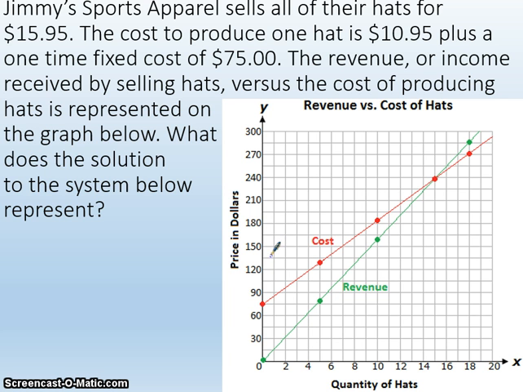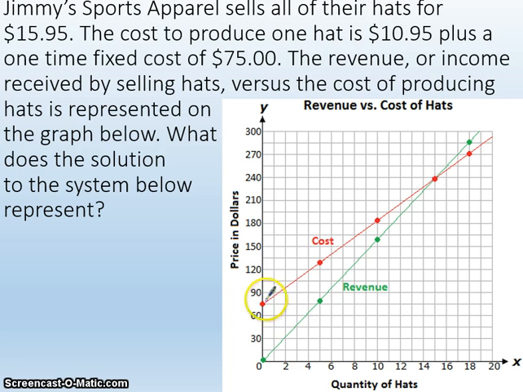What does the solution to the system below represent? So I see on our graph we have a red line, which represents the cost of the hats, what it costs to manufacture them. So for example, when they sell no hats, they still have $75 in making them, because there was that fixed rate.